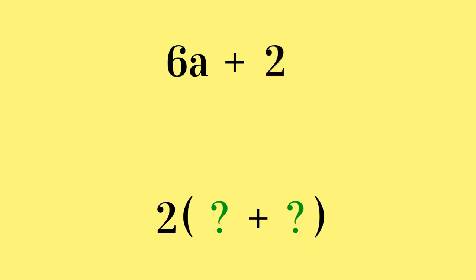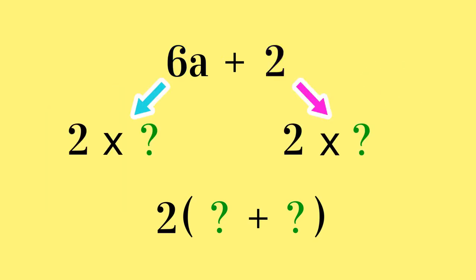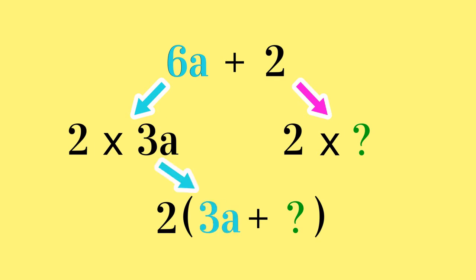Now we need to find what we multiply this factor by to get each original term. To get 6a, we multiply 2 by 3a, so 3a goes inside the brackets. To get 2, we multiply 2 by 1, so the other term inside the brackets is positive 1.